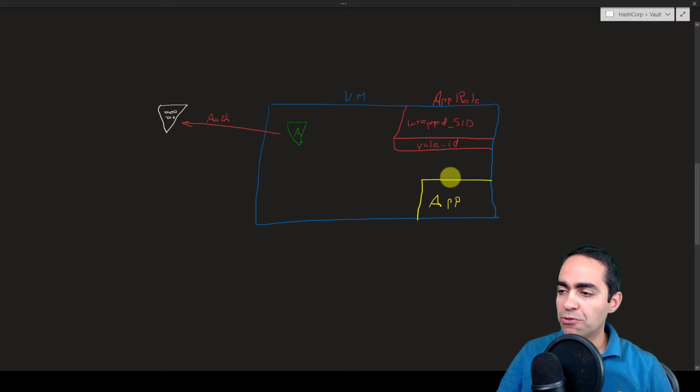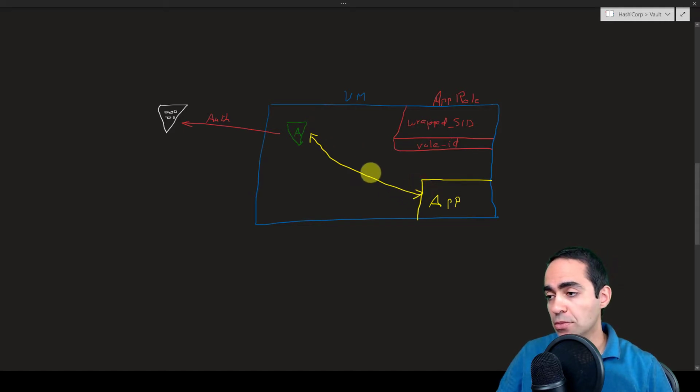Okay, so we have our VM, we have our application, we have the Vault agent, and the reason for all this really is that the application wants to talk to the Vault server through the Vault agent. This could be for a number of reasons. One of them is caching. You want to cache the secrets here.